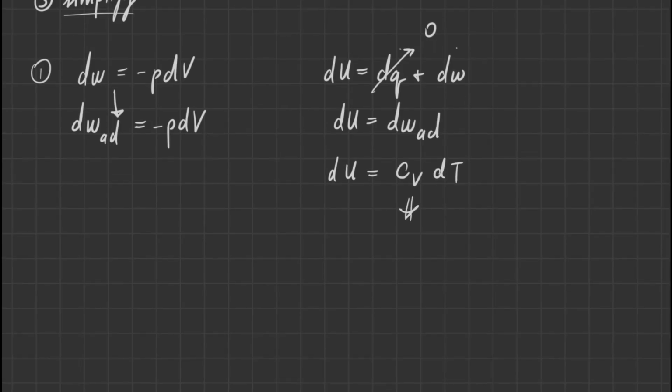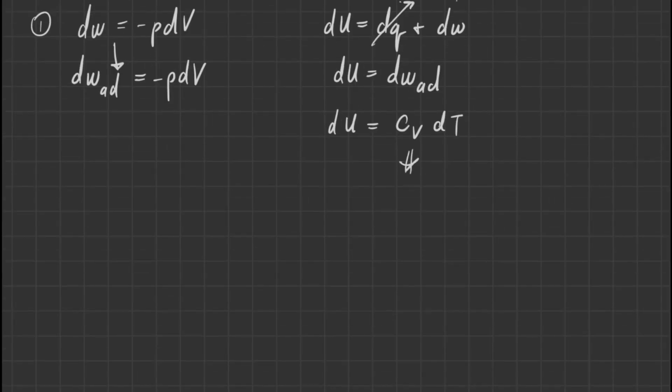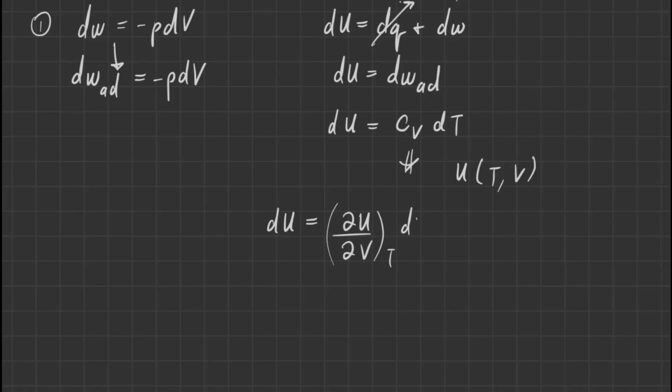We basically get this from the expression for the change of internal energy with variables T and V. So dU is equal to the partial derivative of U over V at constant T, dV, plus the partial derivative of U over T at constant volume, dT.